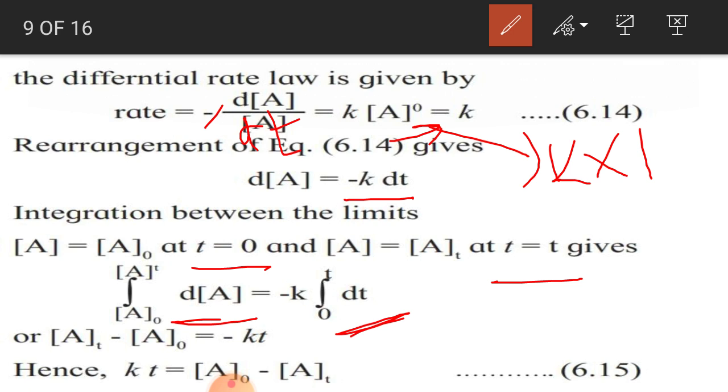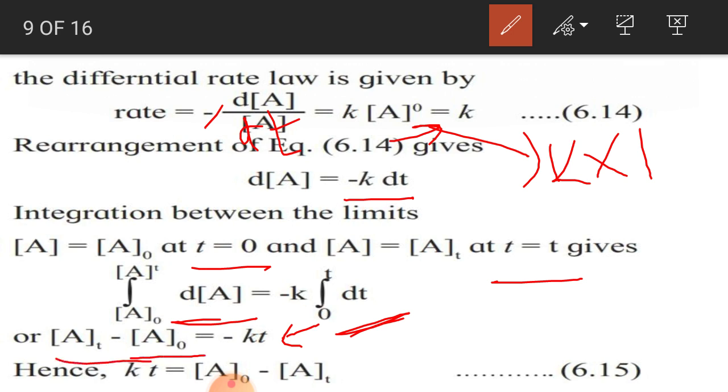So here At minus A naught will be equal to minus Kt, because K into 0 will be 0. We have done it previously also, student. So here this will change to minus Kt and here it will change to At minus A naught.